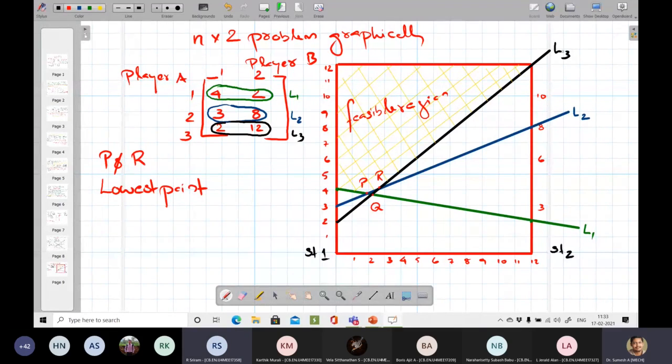Oh, so it's the convention, sir. Yeah, that's a convention. Okay, so the lowest intersection point is in the shaded area. The feasible region is the intersection of optimal rows that should be played by the player having to make a choice among many rows. That is why we are selecting it. Okay, sir.